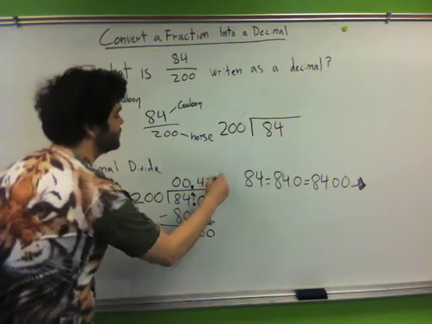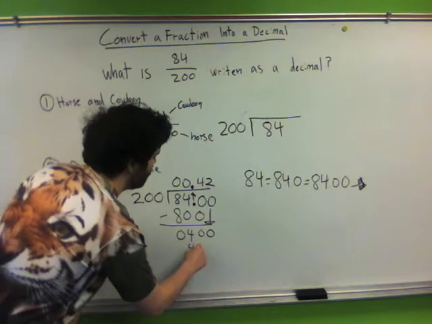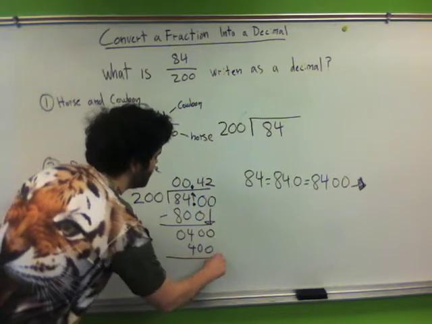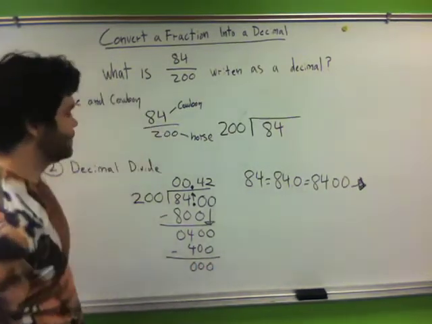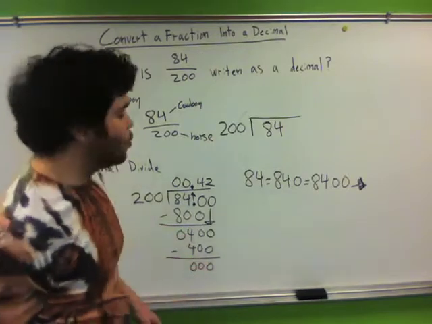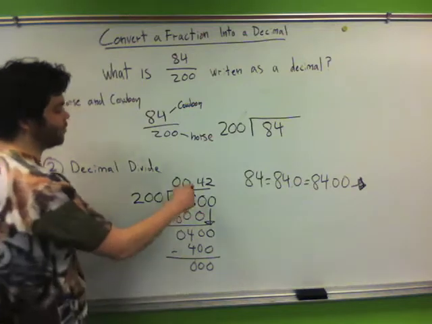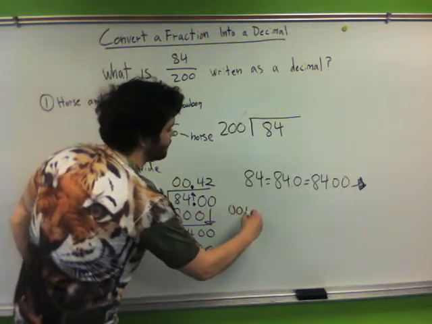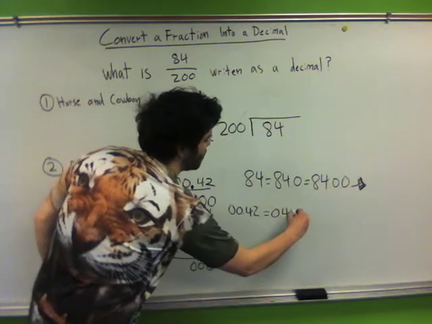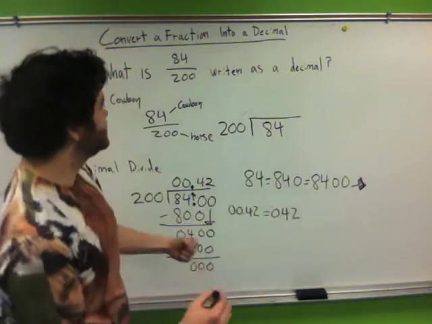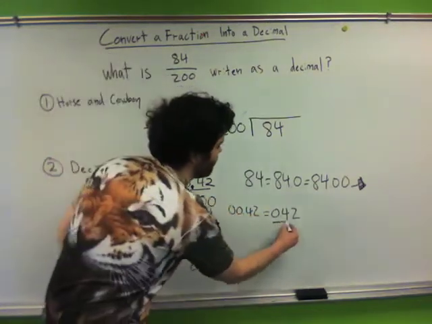It goes in 2 times. 2 times 200, that's going to be 400. 400 minus 400, that's going to be 0. And we are done. We've just changed 84 over 200 into the decimal 0.42. The decimal equivalent of 84 over 200 has got to be 0.42.